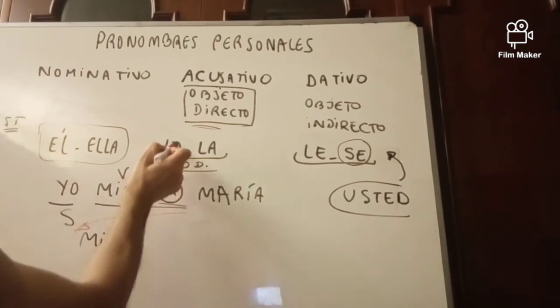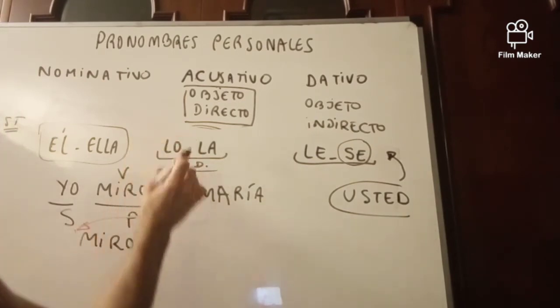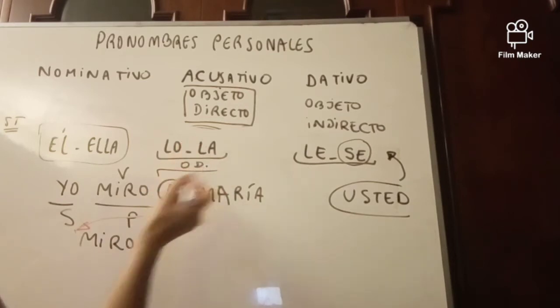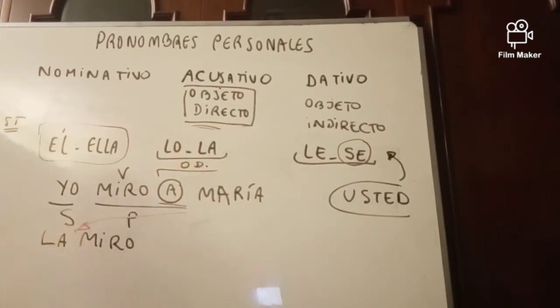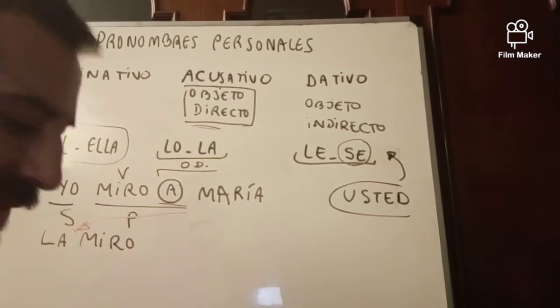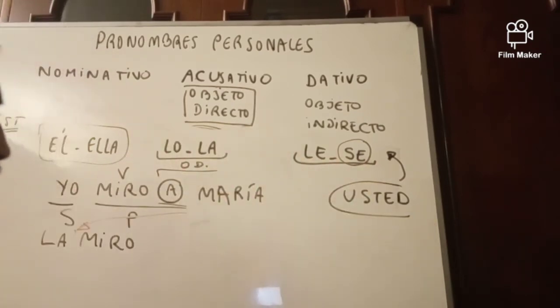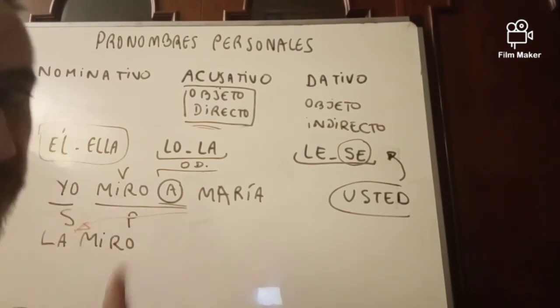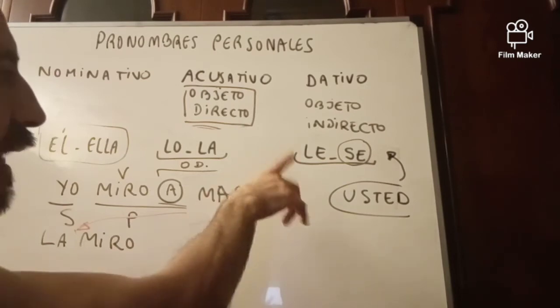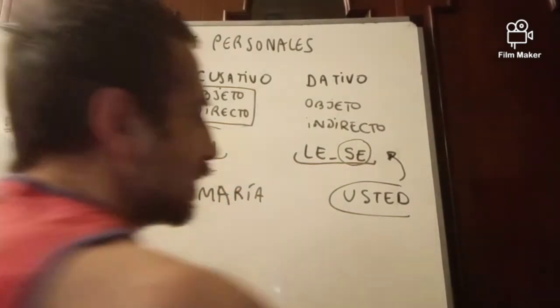And for Jose we use lo. So for Maria we'll use la miro. With the same mechanism of reversing the word order in the sentence. This is for the direct object. Let's see now the indirect object.